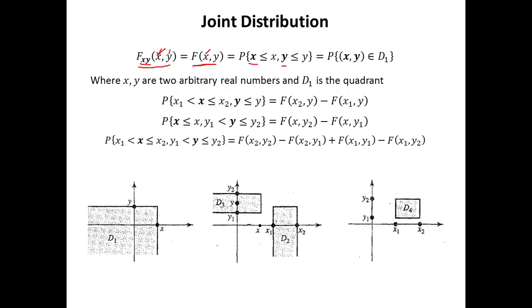So the actual definition of F_XY is the probability that random variable X is less than or equal to x and random variable Y is less than or equal to y.